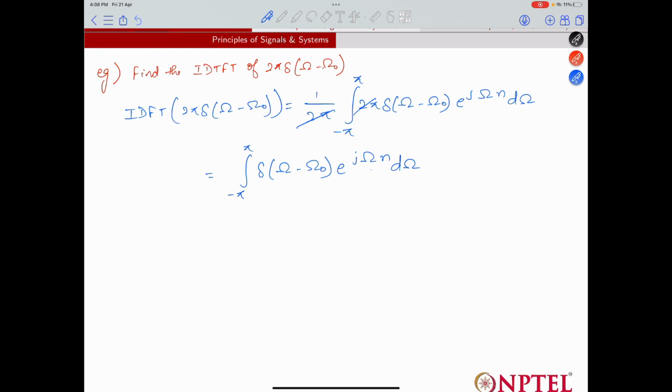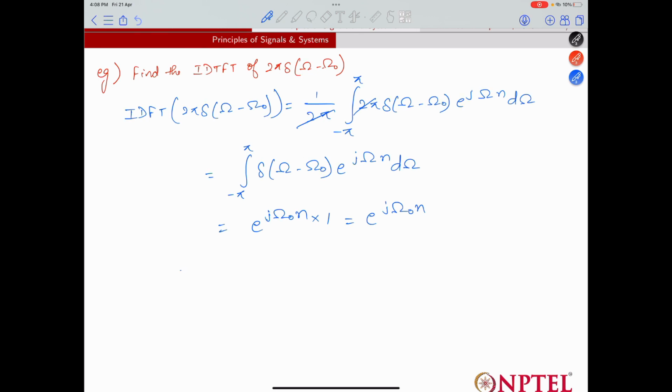At omega equal to omega naught, e to the power of j omega naught n will be constant and will come out, and the integration of the delta term from minus pi to pi will become 1. So the answer will be e to the power of j omega naught n.